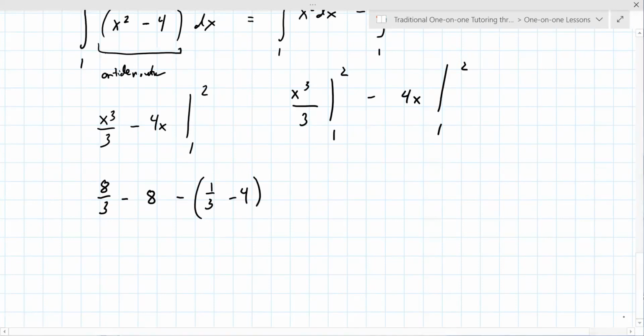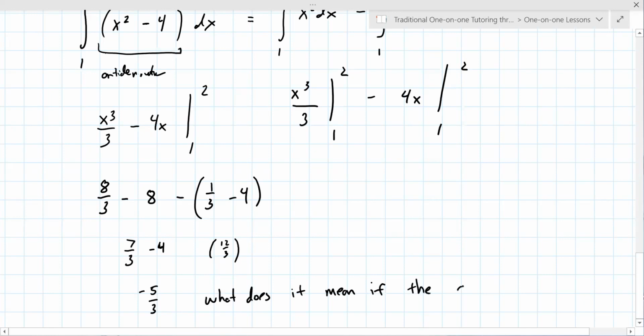So that's 8 over 3 minus 8, minus 1/3 minus 4. 7/3 minus 4. And then to make a common denominator, so it's 4 minus 3, 20, minus.